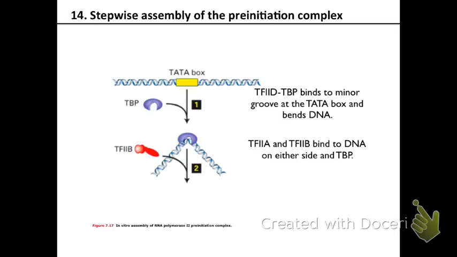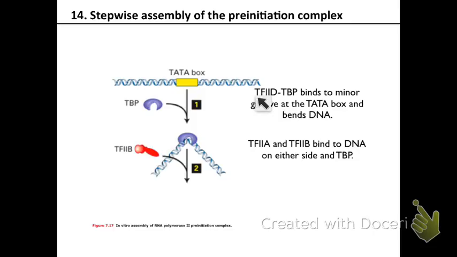So what we have is that there is a protein called TBP. It is named for TATA binding protein. This protein has that kind of nice little shape. What it does, it binds to the TATA box, and it does so in the context of a protein complex called TFIID.